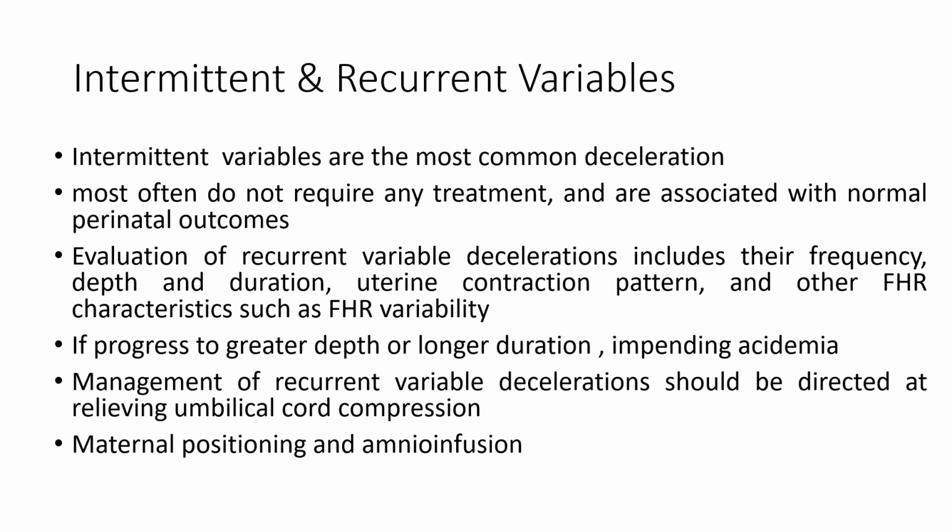The term recurrent, if it's recurrent variable or recurrent late, means that it occurs with more than 50% of the contractions. And intermittent variables usually don't affect the acid-base balance of the baby. It doesn't denote any hypoxia, so it often doesn't require any treatment, and they are associated with normal perinatal outcomes.